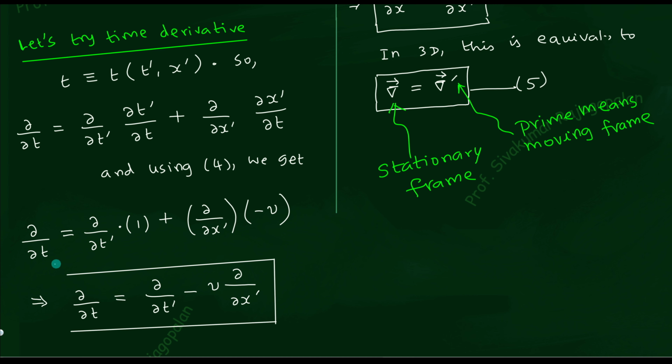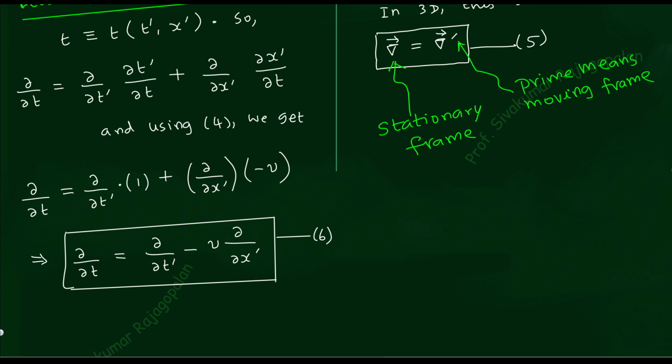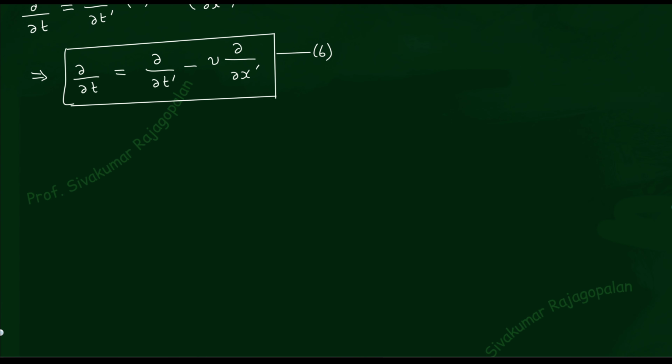Now you have the first order time derivative. That also you make a note. Previous one is 5, so let us give 6. The Maxwell equation is a second order differential equation in space and time, so that point we have to do.